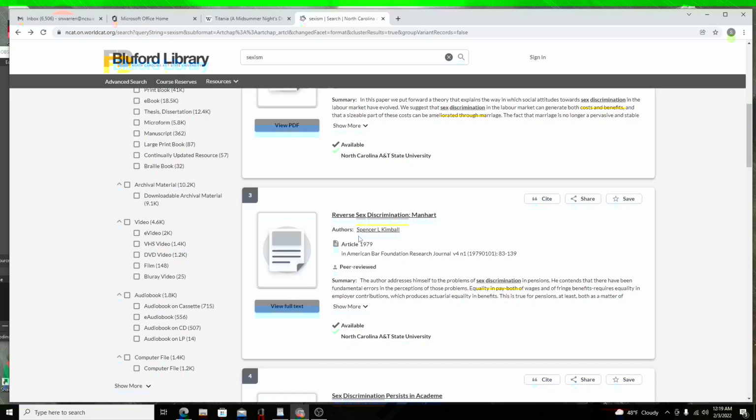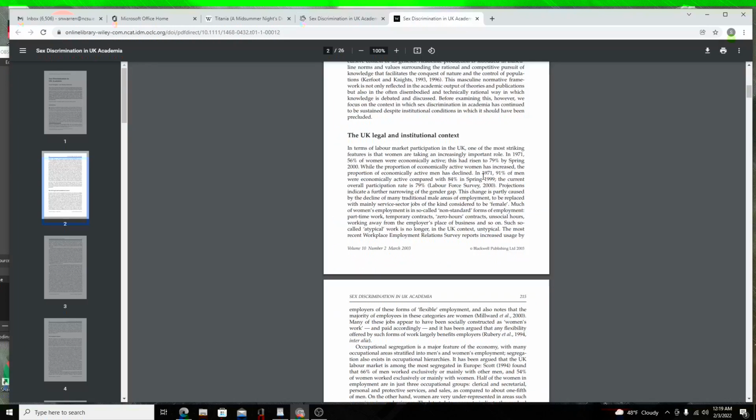So, similar to how we did with Wikipedia, you can make your sources work for you, right? Maybe you're reading this source and you're like, oh, this fact here, 91% of men were economically active compared with 84% in spring 1999. The current overall participation rate is 79%. You can look at, they cite the Labor Force Survey of 2000, right?